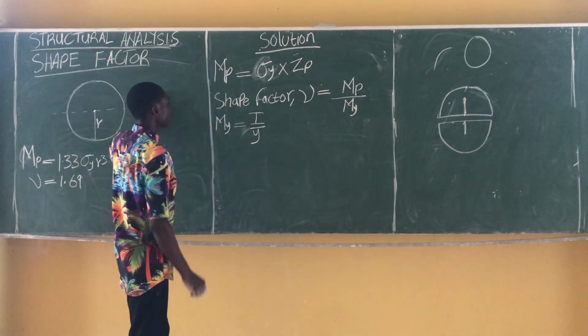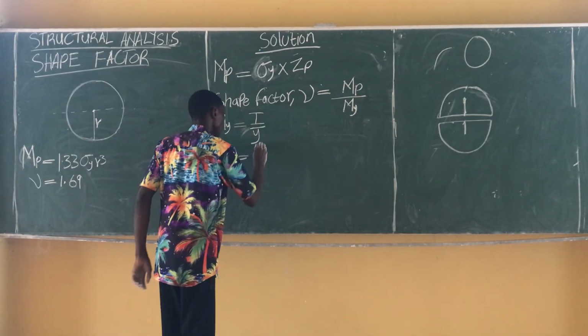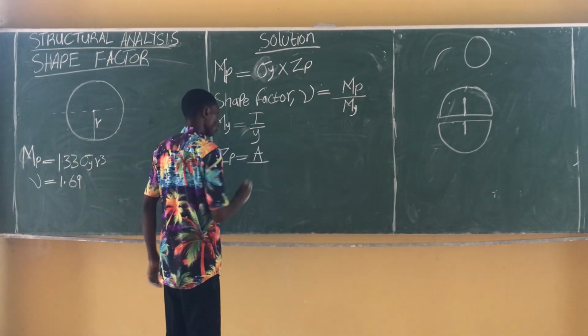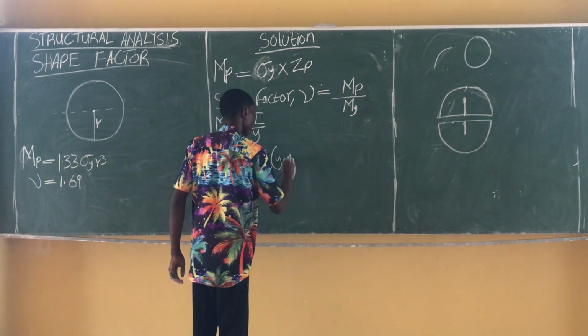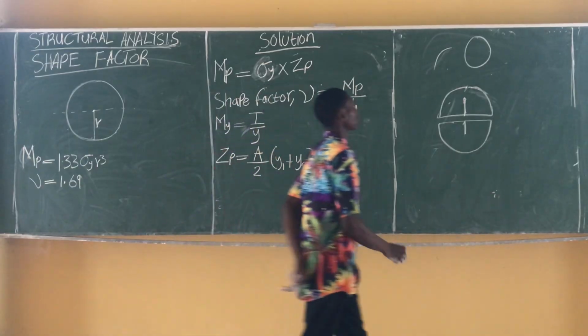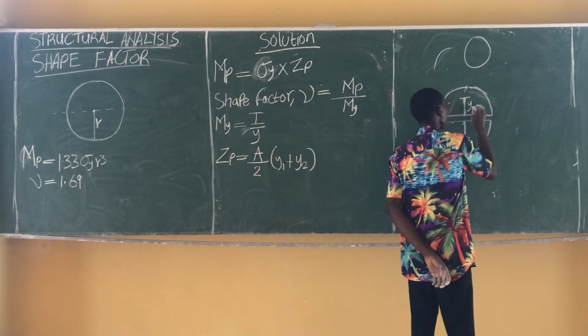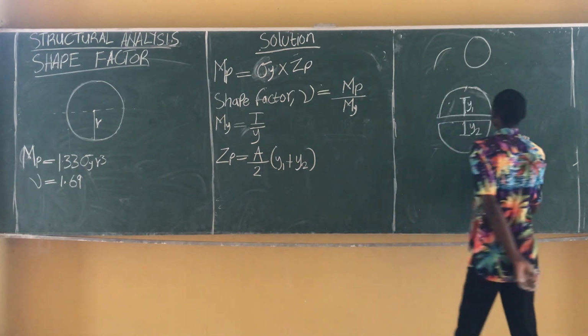Now, our plastic section modulus ZP is given by the area of the section all over 2 into y1 plus y2, where this is y1 for the upper part, and this is y2.